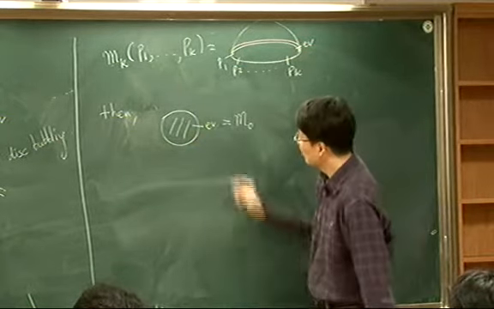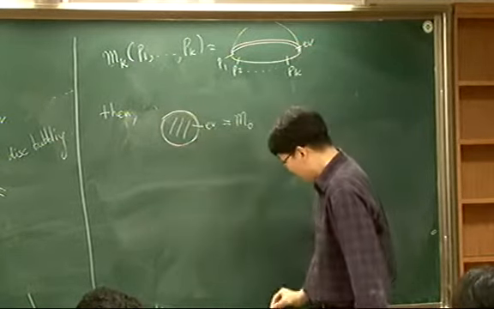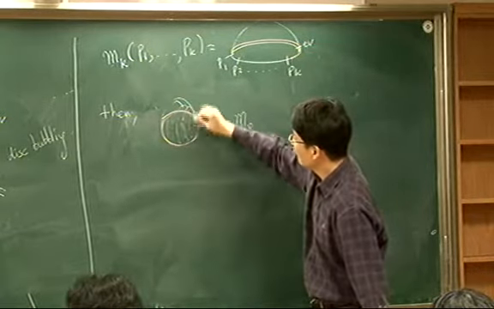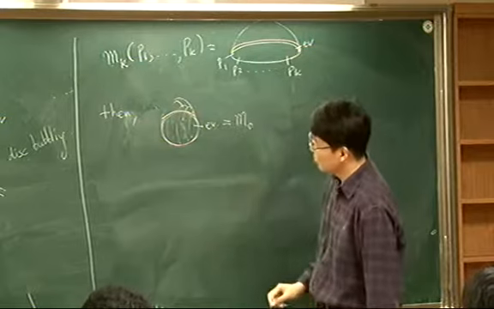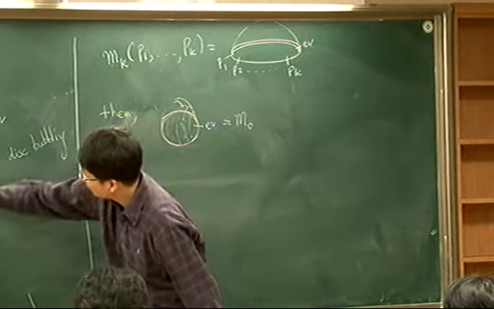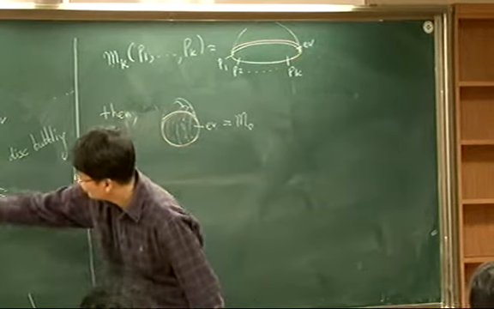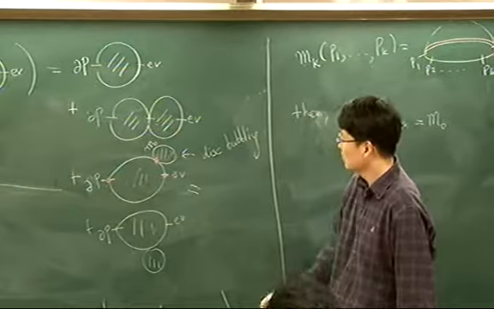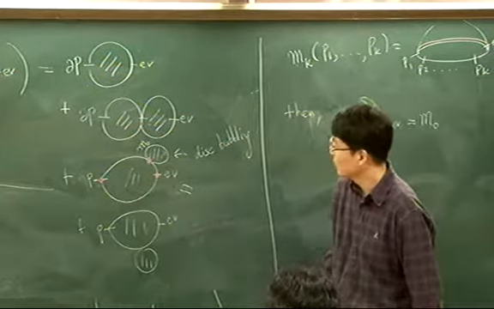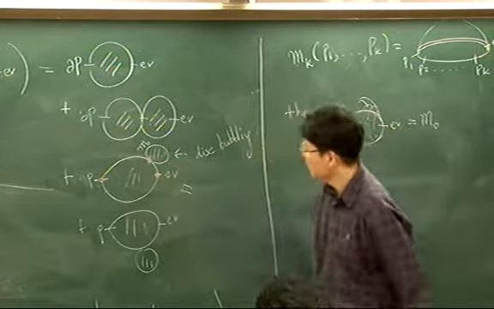Okay, so this image of holomorphic disk. If you record the image of holomorphic disk, then that would be m0. So you can think of this as a product of m0 with boundary of p. Oops, oh no, not boundary, sorry. So this is p. That would be codimension 2. So you just take bubbling.